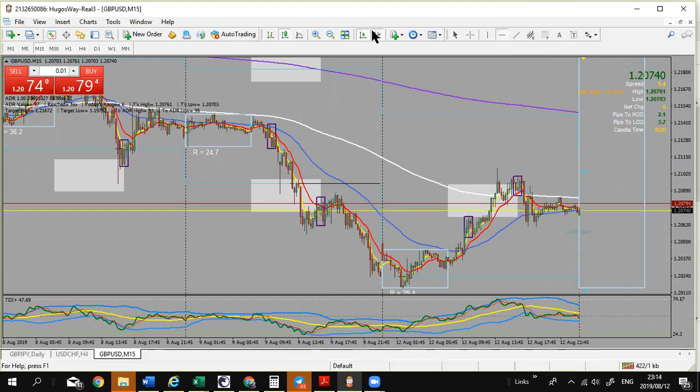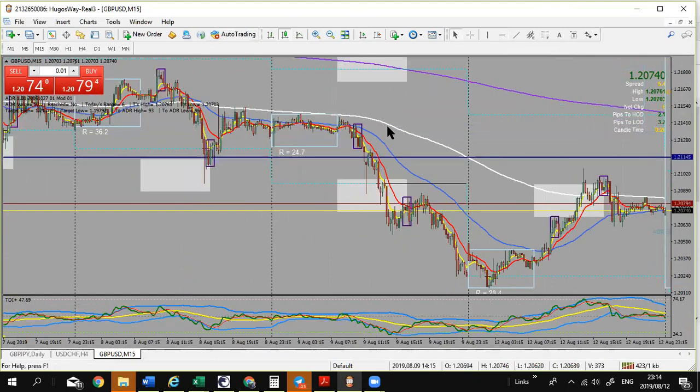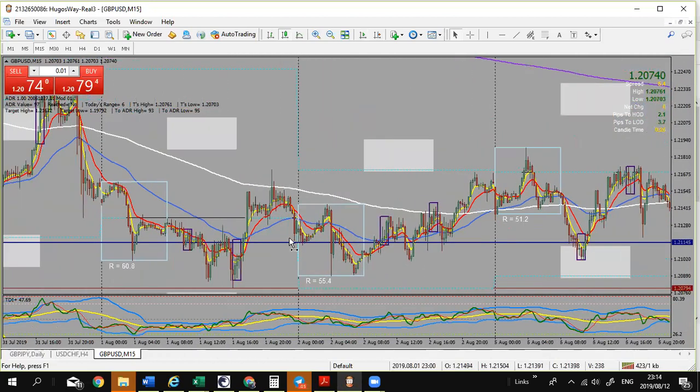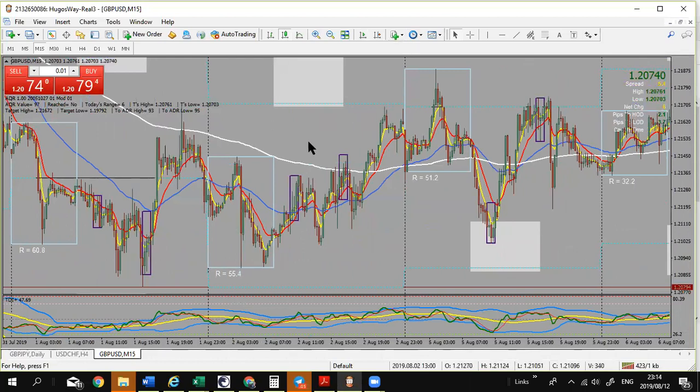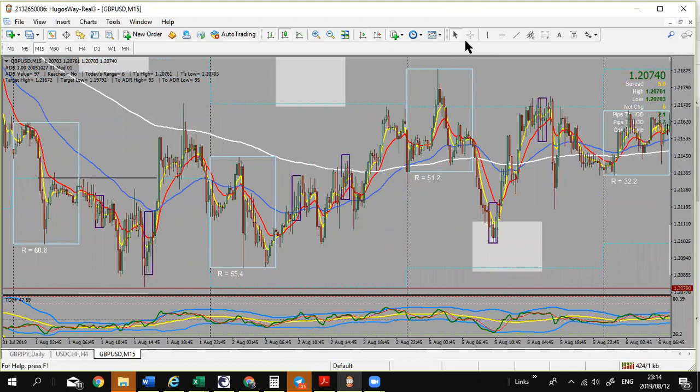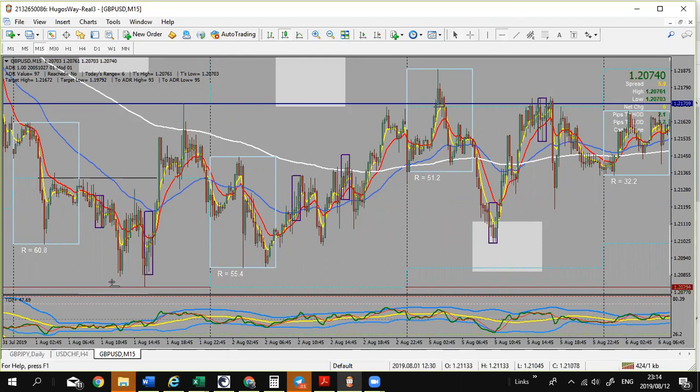So let's say on Monday they form a high and they pull away. Cool. So if this was Monday, obviously this is the low of the week.